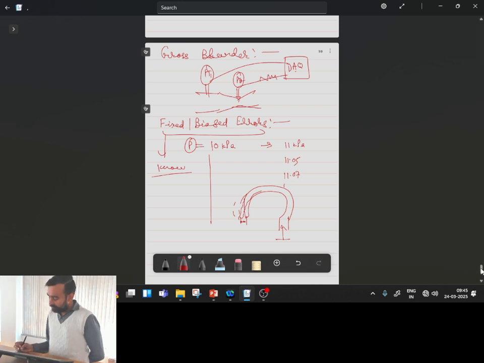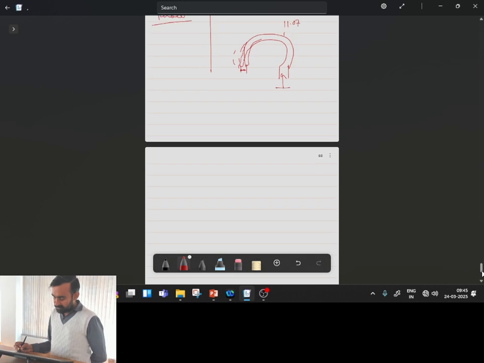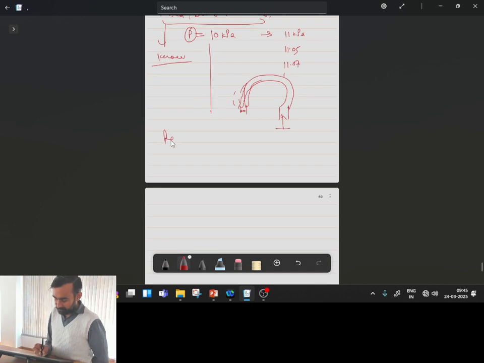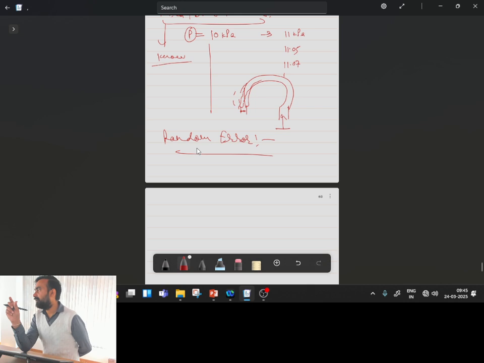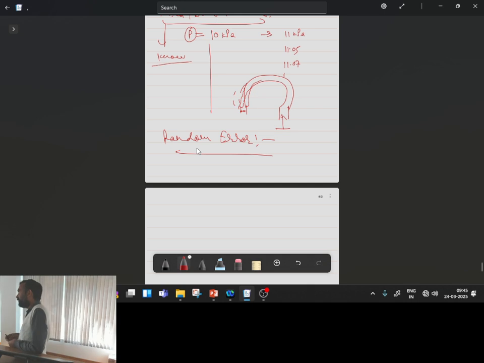Then the third type of error which can come is called random error. Random error is coming because of unknown reasons. For example, if one person is reading the needle of the pressure transducer and another person is reading the same needle, there can be a difference of 0.1 or 0.2, depending upon the sensitivity of the instrument and measurement.